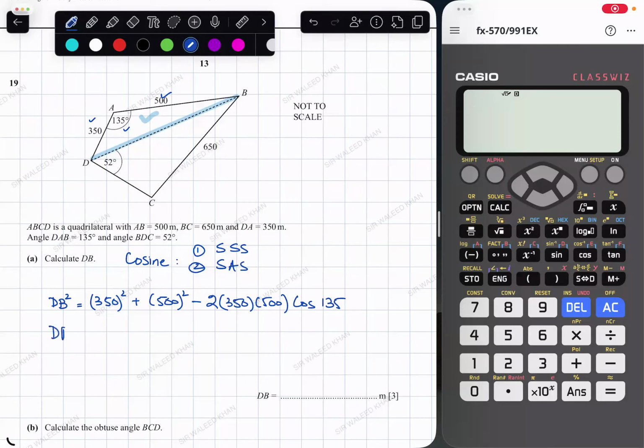So DB is under root of, let's figure this out. So we have 350 square plus 500 square minus 2 times 350 times 500 times cos of 135.